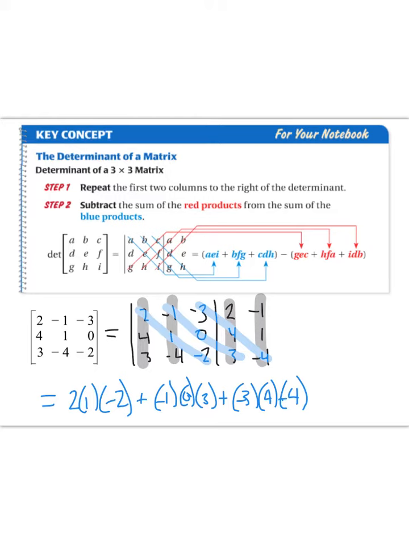Okay, and I also have my red diagonals. So starting in the very bottom left, I draw my 3 diagonals ending in the very top right. And now I subtract all of those diagonals products.